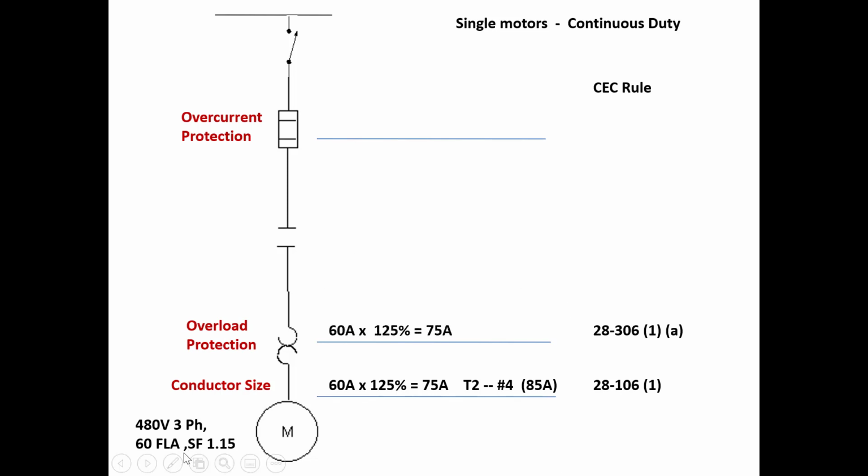Because we're at 1.15, Rule 28.306 tells us to use 125%, so these overloads either have to be purchased or set at 75 amps.